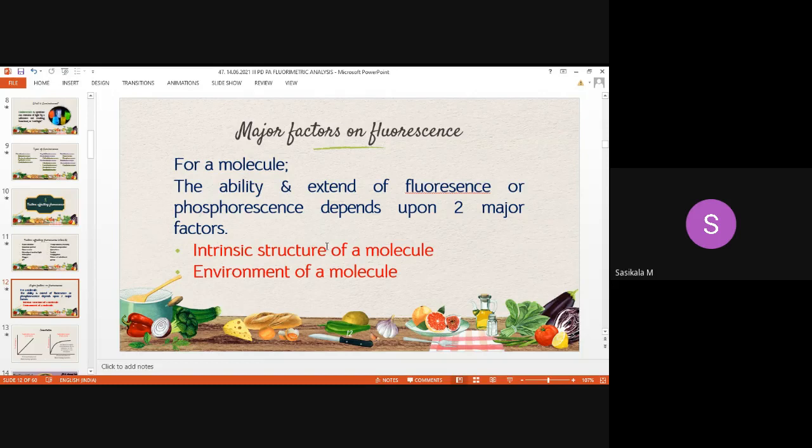What is the chemical structure? Based on that only, whether the fluorescence intensity will be increased or decreased will be decided. Then the environment of the molecule. At what environment you are analyzing the molecule, in what solvent it is, and what pH, what temperature, what viscosity, based on the environmental factors. So these two mainly affect the fluorescence intensity.